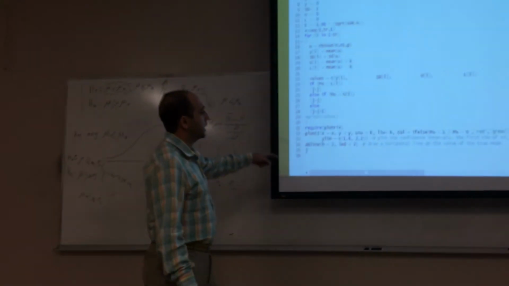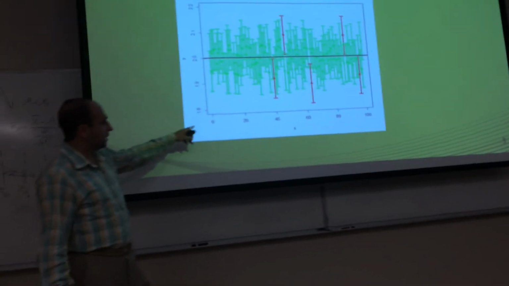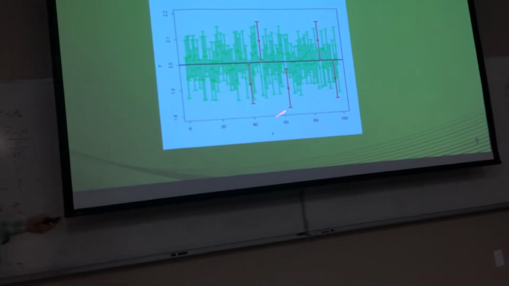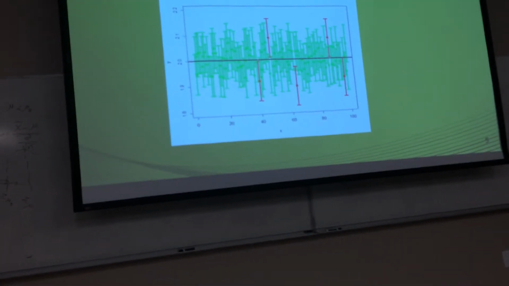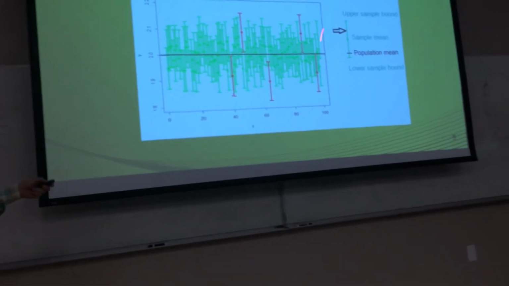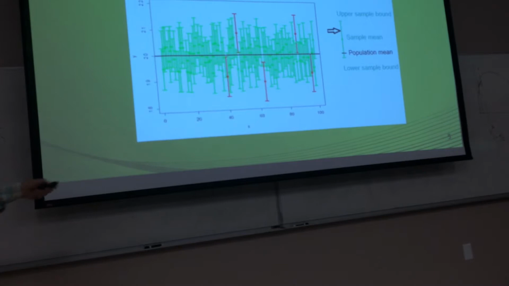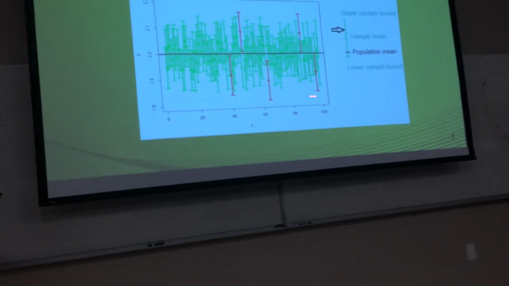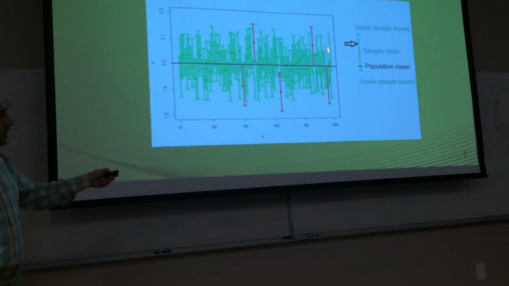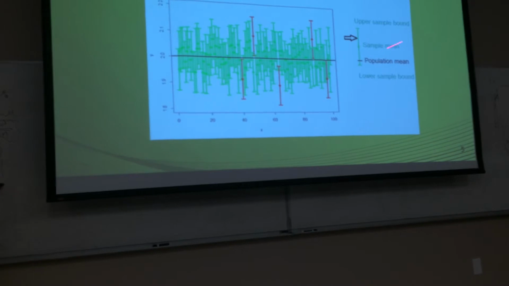This is the program that we used, and this is the figure that we had. Here we have 100 samples. Each line relates to the confidence interval of each sample. For example, the last one: this point is the sample mean, the upper is the upper bound, and this is the lower bound, and this sample contains the population mean.